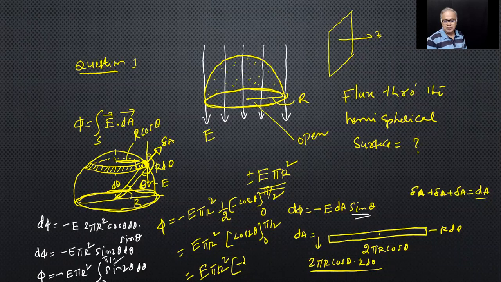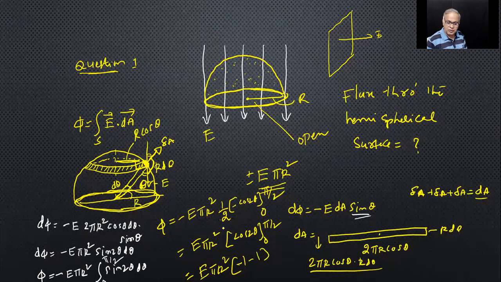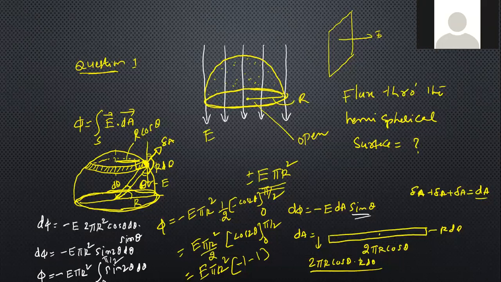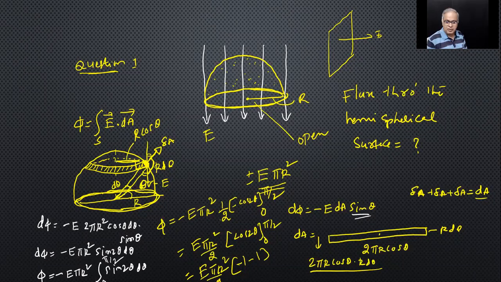Hello? 2 into pi by 2, 2 cancels. Cos pi is minus 1, minus cos 0 is 1. Well, there was one more 2 somewhere. You forgot the 2, the denominator 2 is there. So what am I getting now?